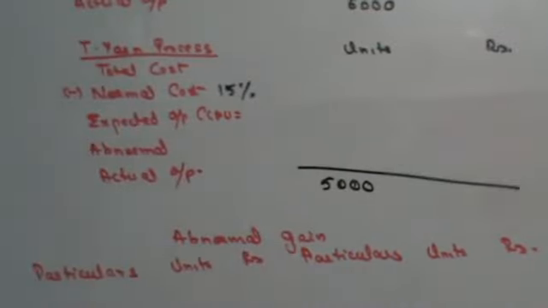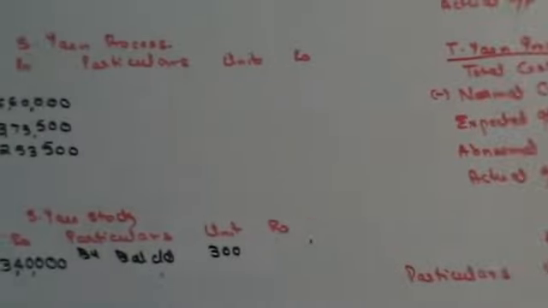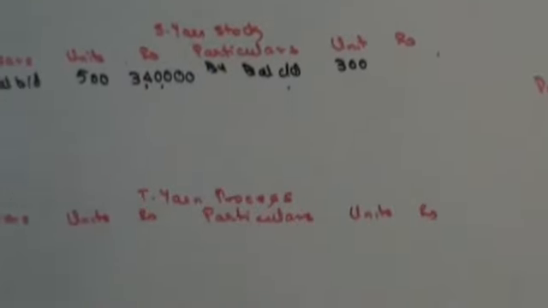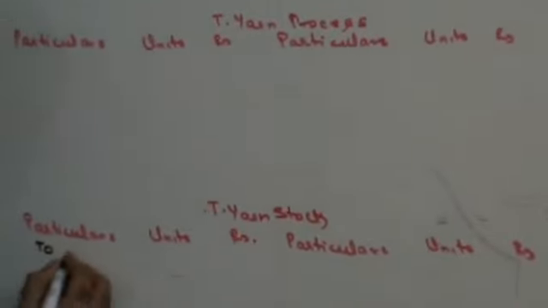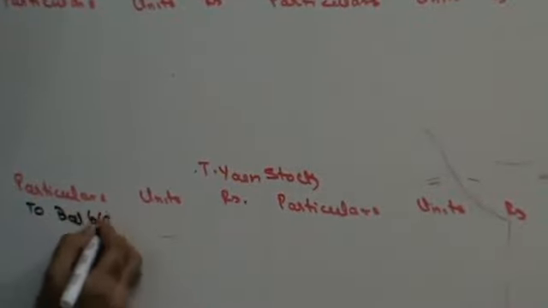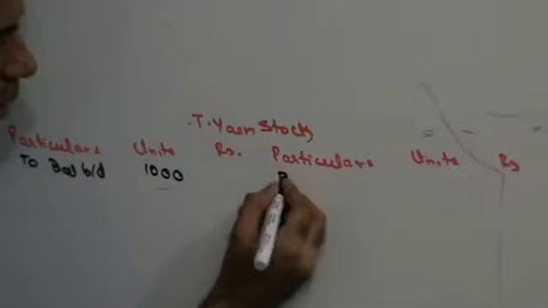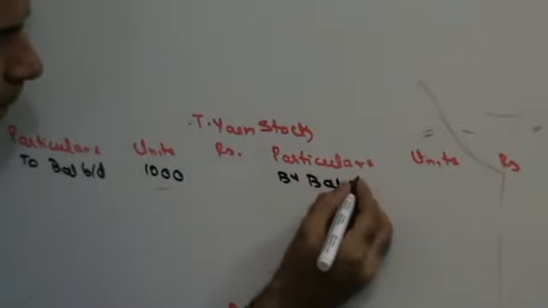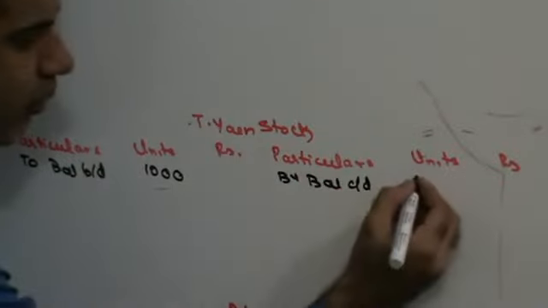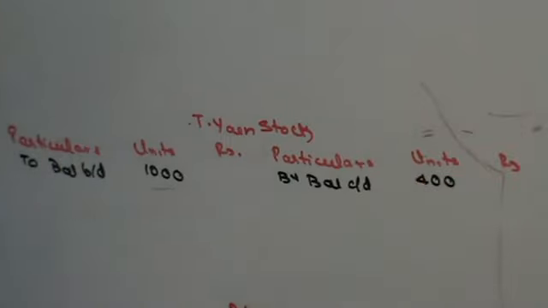Then for TY process, opening stock, balance brought down, is 100 and closing stock is 400. Next, monetary information.